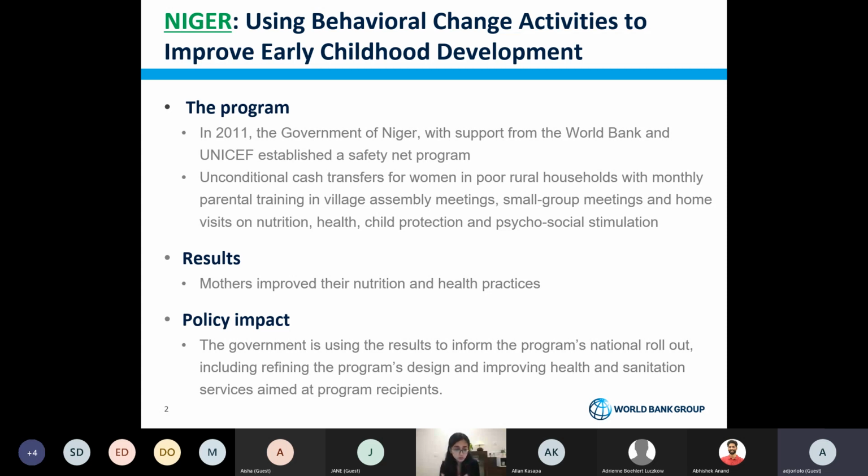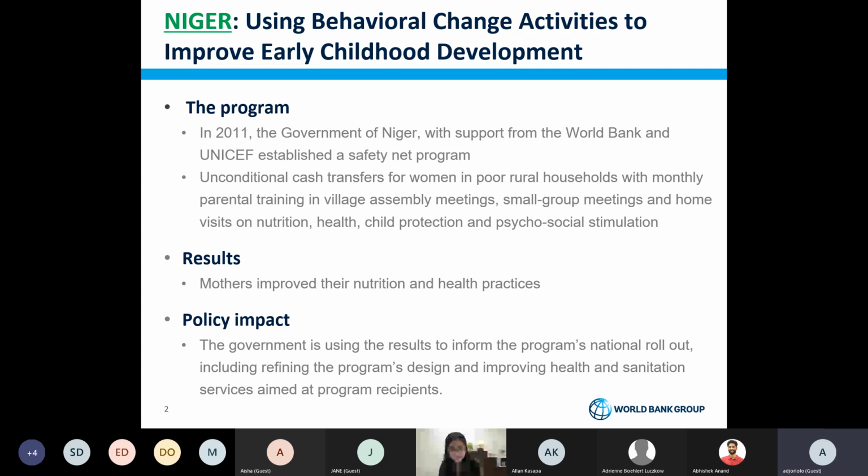Because proper nutrition has been an area of problem in countries in sub-Saharan Africa. So families, of course, need sustained programs to become more resilient and ensure that children get the nutrition they need to thrive.